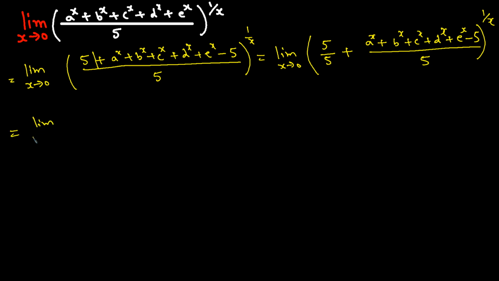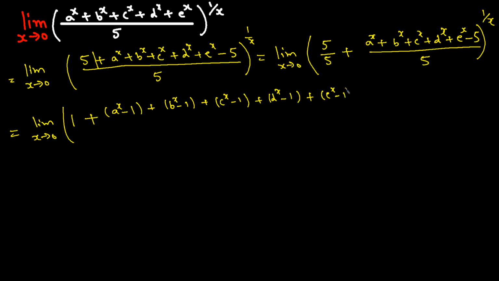So limit x approaches to 0, so 5 over 5 gives me 1 plus, and now I'm gonna break this 5 into 5 ones, and I'm gonna put those ones with these letters over here. So first of all gives me a raised to power x minus 1, okay, plus b raised to power x minus 1, c raised to power x minus 1, d raised to power x minus 1, and e raised to power x minus 1.